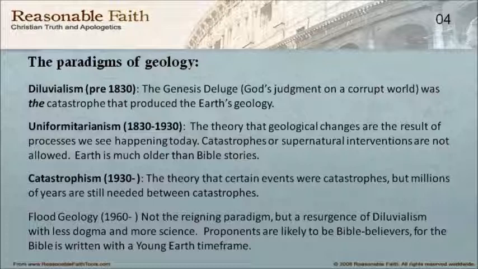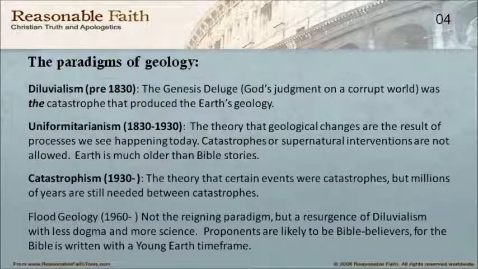Uniformitarians religiously deny that any catastrophe ever happened, and they do it mainly in order to defeat diluvialism. Uniformitarians insist that the Genesis flood was a small event, and the Earth is very much older than the Bible suggests.